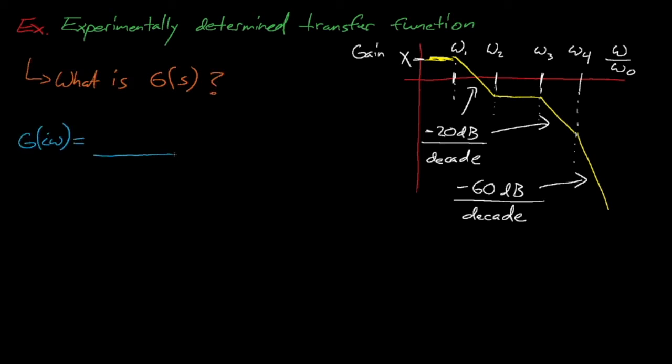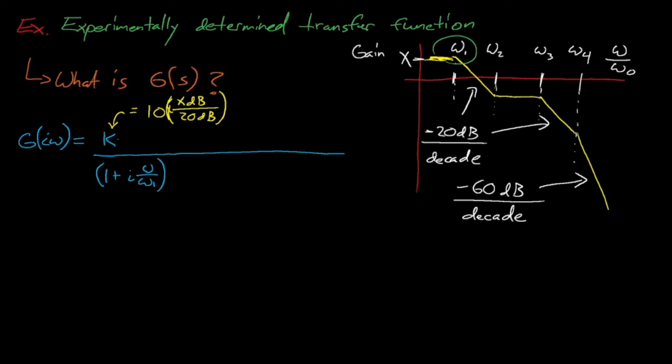Well, we know that a flat gain means that our function is roughly constant at low values of omega, and we can use this initial value of the gain to solve for the constant, as shown here. At omega 1, we see that our function turns downwards with a slope of negative 20 decibels per decade, which means that our transfer function must contain a 1 plus i times omega divided by omega 1 term in its denominator.